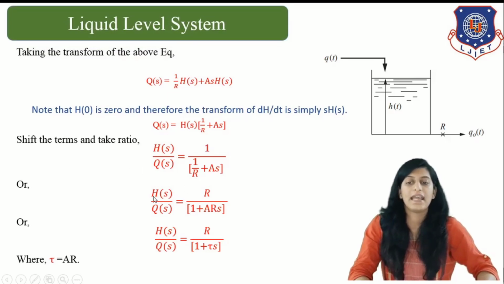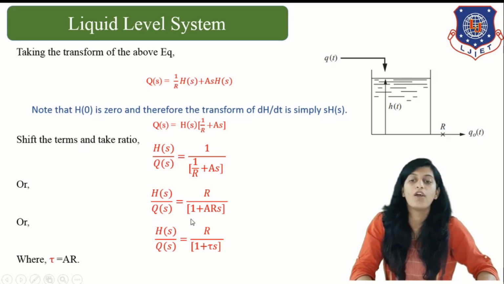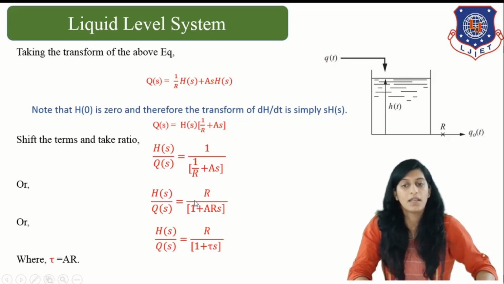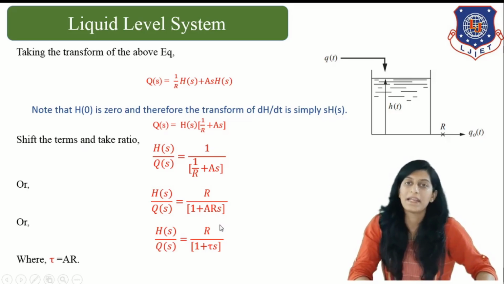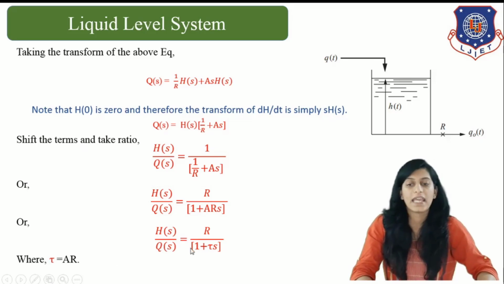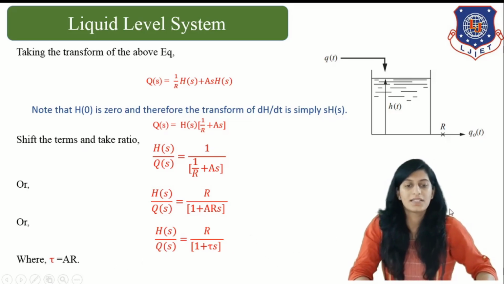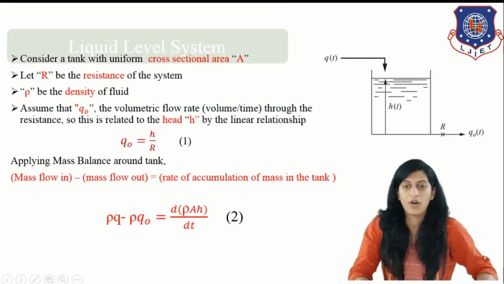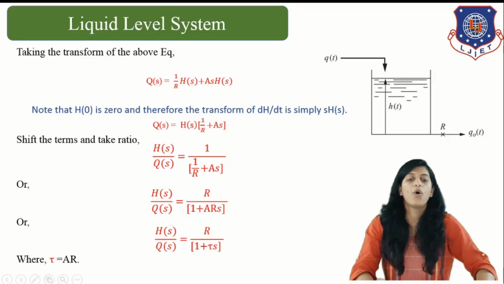You will get H(s) upon Q(s) equals R upon 1 plus A R s. Here A into R can be taken as tau, which is our time constant. So for the given liquid level system, the value of tau, the time constant, is A into R. This is the desired term for our given equation, right.